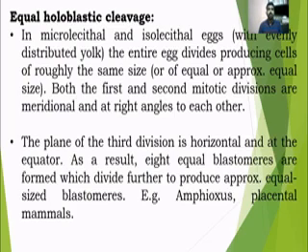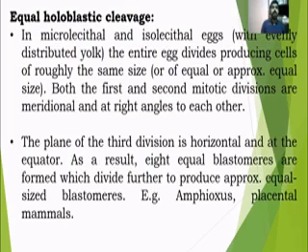Both the first and the second mitotic division are meridional and at right angle to each other. Then the plane of the third division is horizontal and at the equator region. As a result, 8 equal blastomeres are formed, which divide further to produce approximately equal sized blastomeres. Especially we can observe it in amphioxus and placental mammals also.